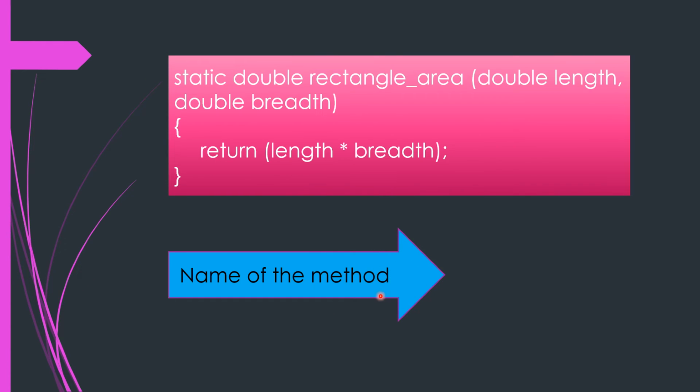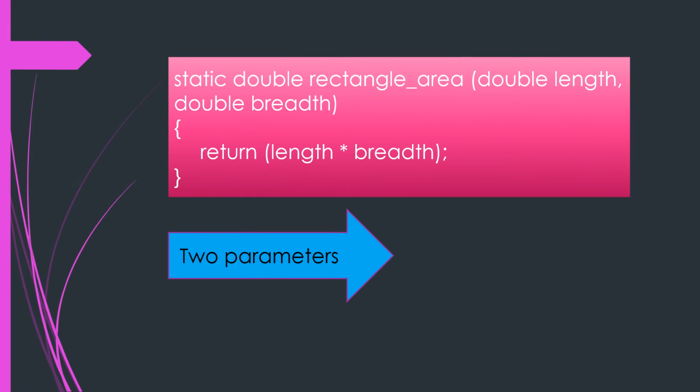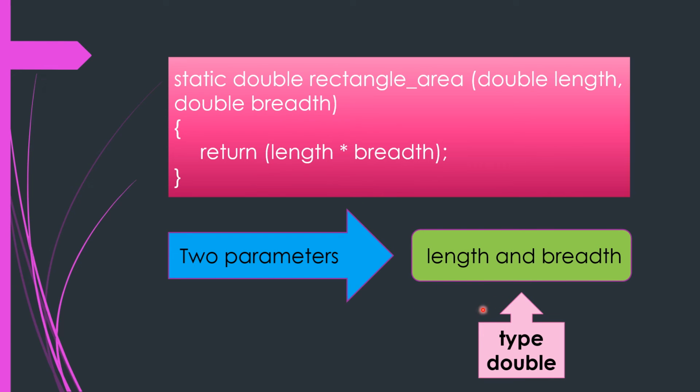So we have discussed the name of the method is rectangle area. This is the name of the method. After it, the two parameters are length and breadth and their type is double.